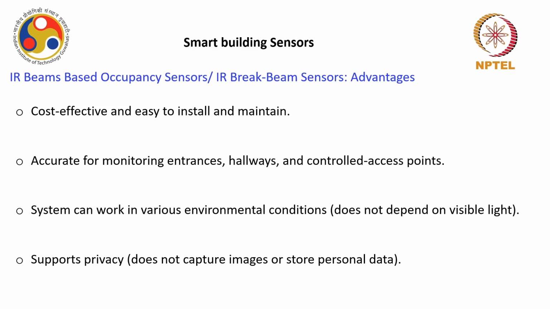The system can work in various environmental conditions and does not depend on visible light from a simple light bulb in the building. Without that also it can monitor. And it supports privacy, so you are not using any camera here to capture images or store personal data. This can provide you real time data based on the interaction of the IR light coming from the transmitter and the receiver.